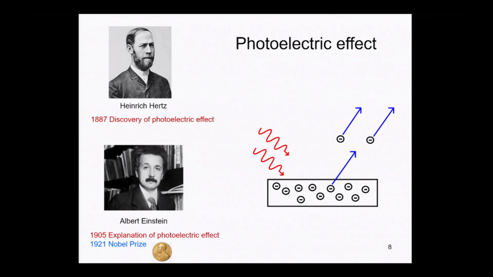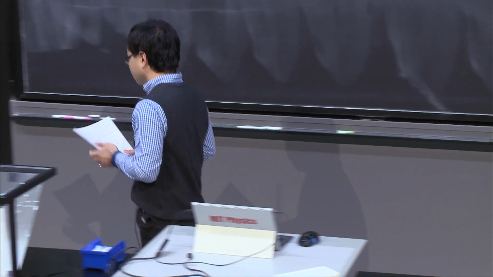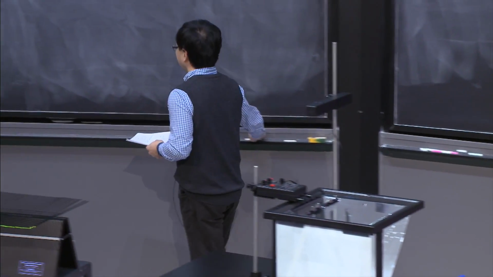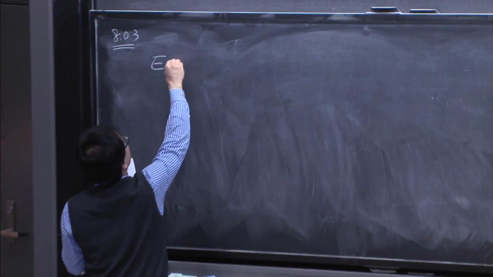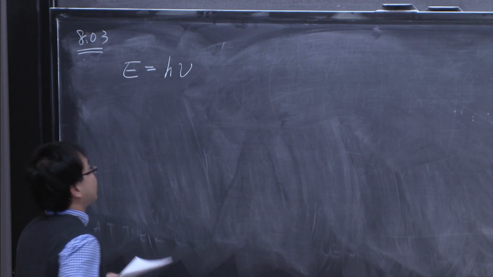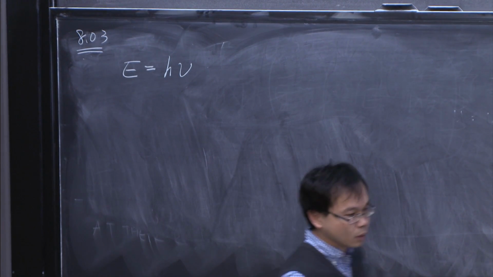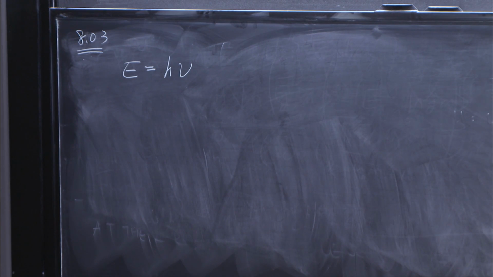And Einstein came in and explained this photoelectric effect. Okay, so what he found is that this effect can be explained by viewing the light as small quanta. The light is not like waves anymore, but like small, discrete quanta with energy proportional to the frequency, all right?